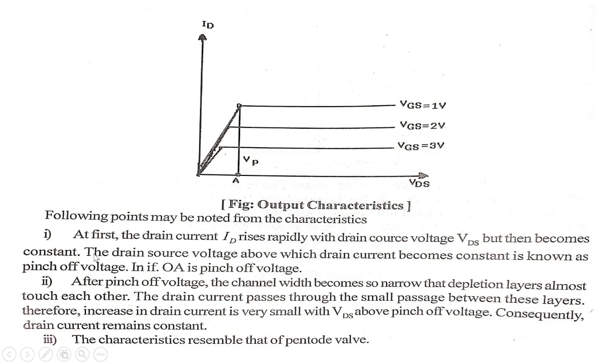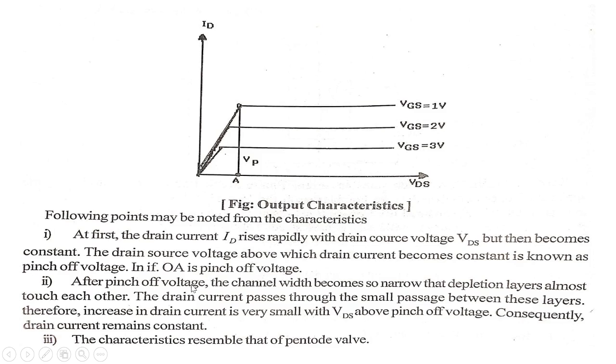So the drain-source voltage above which drain current becomes constant is known as the pinch-off voltage. In the figure, OA is the pinch-off voltage.